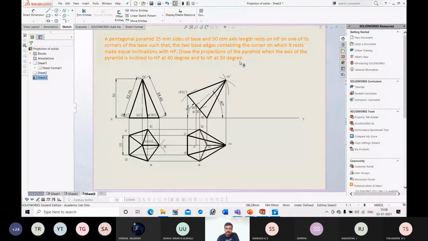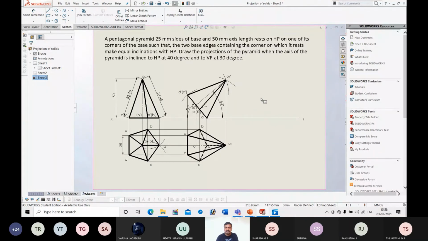So here the axis of the pyramid is inclined to VP at 30 degree. What do you mean by this? Whether 30 degree is true inclination or false inclination? Anyone can answer for this, if you know the answer.